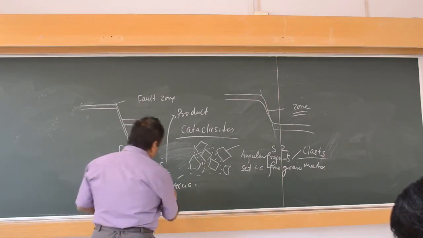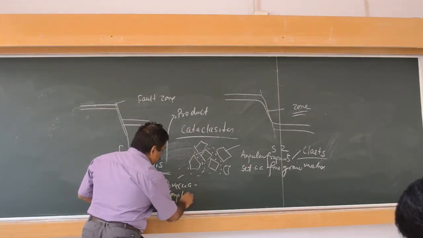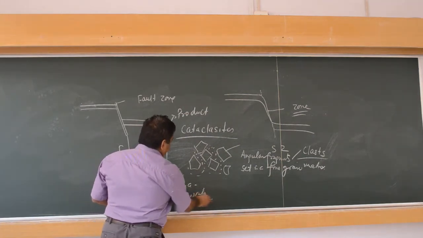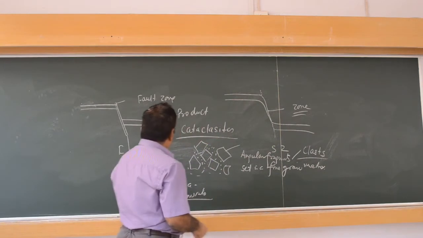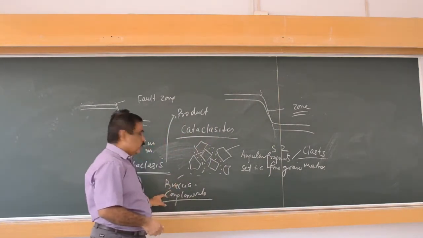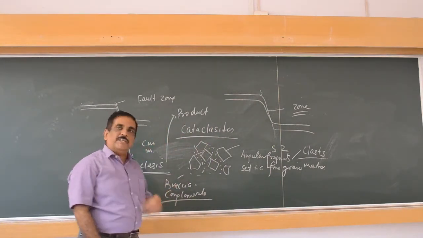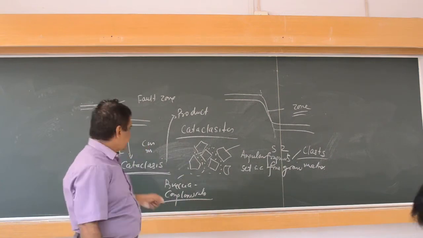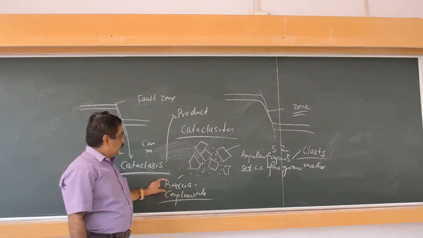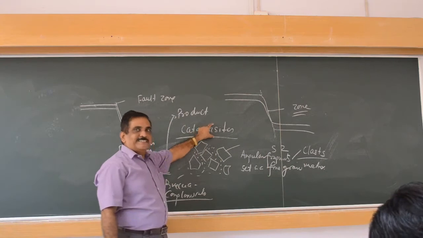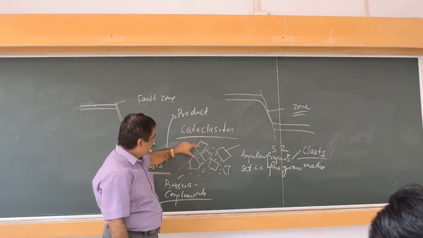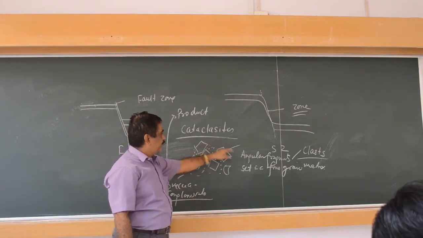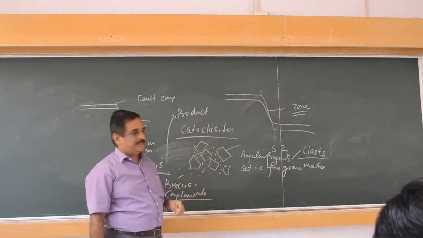When you say conglomerate, depending on the shape, breccias are angular, conglomerates are rounded. Rounded ones are very rare. Otherwise breccias are more common. So this group name is cataclasites. Cataclasite is a fault rock identified by angular clasts set in a fine grained matrix.